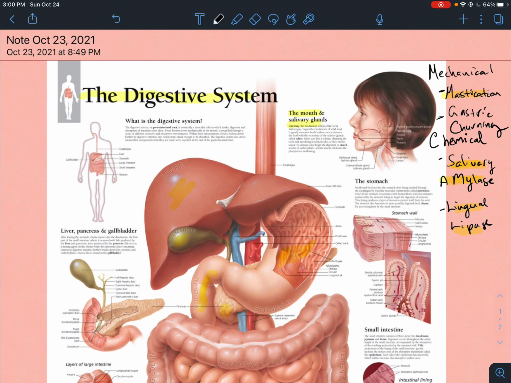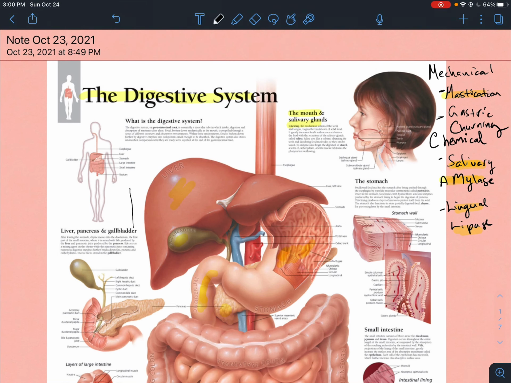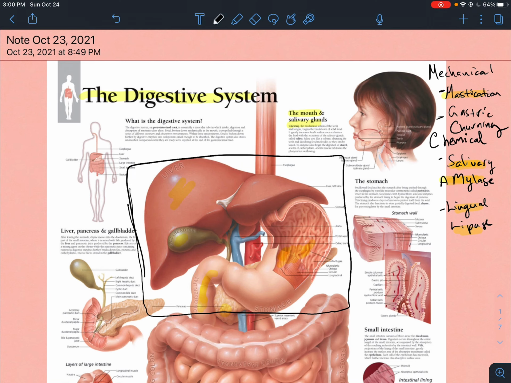Now, this particular lecture is going to focus on this part of the anatomy. And we're going to see how these organs in that window all play a role in working together in breaking down the food.